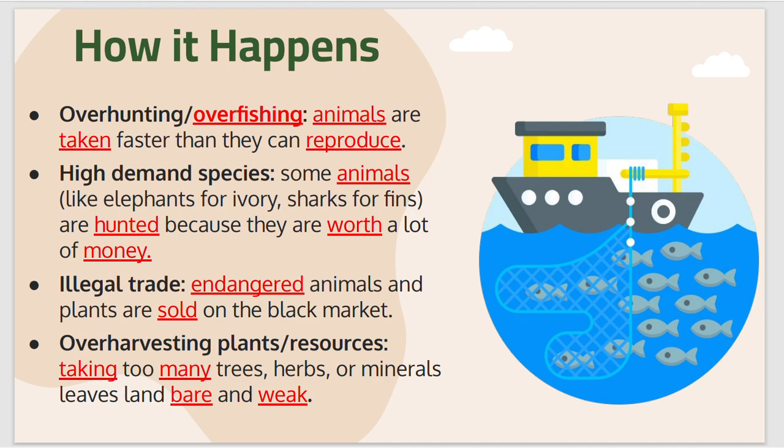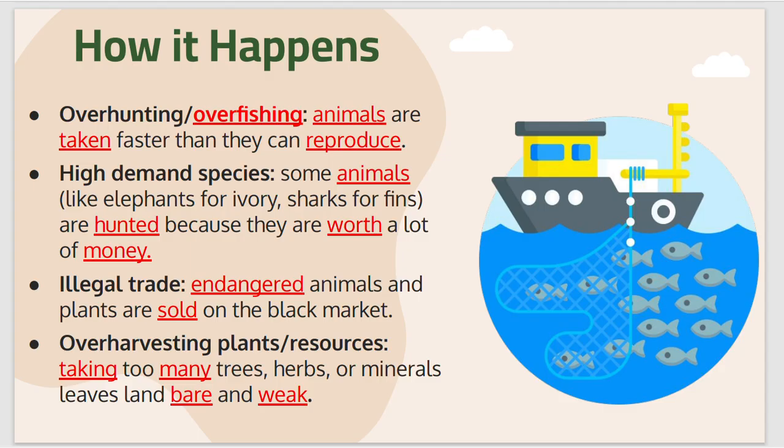Also, high demand species. What this essentially is that some rare organisms or organisms that have parts of them that are in high demand, high want, are more likely to be hunted or poached, and therefore is causing this overexploitation, this overuse of them.